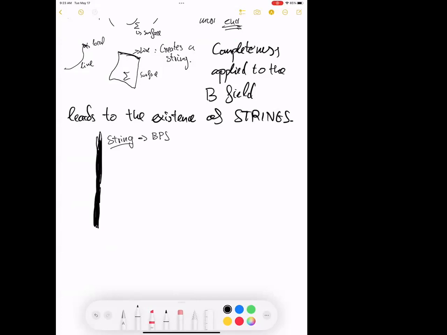What does it mean for those of you that are not familiar with the notation? What does it mean that the string is BPS? Well, just like for any symmetry, you have some symmetry group which is preserved by the vacuum. Subgroups of the group can be preserved by different objects. Saying that it's BPS means that it's a configuration that preserves some supersymmetry.